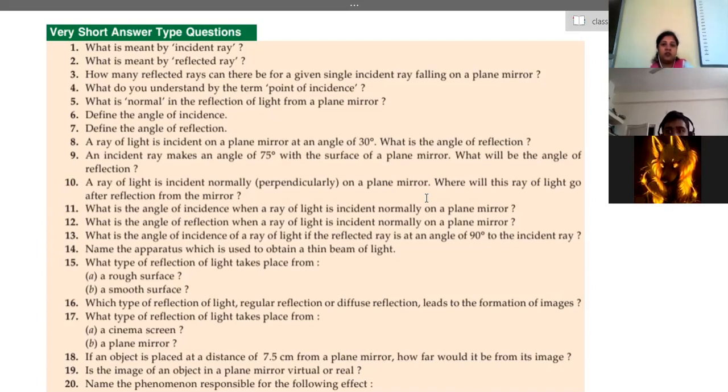What do you mean by the term point of incidence? Ma'am, the point at which the incident ray strikes the mirror is called the point of incidence. Just write the point on the mirror at which the incident ray strikes.